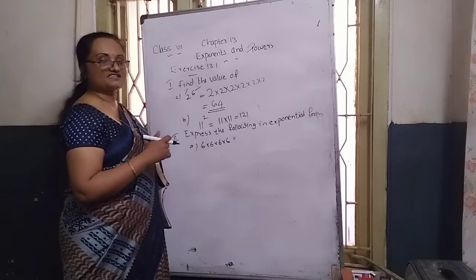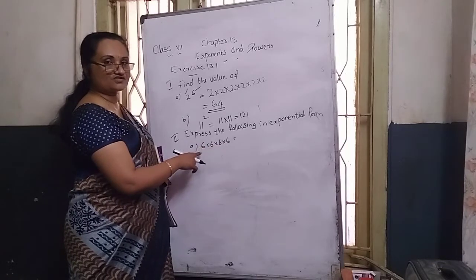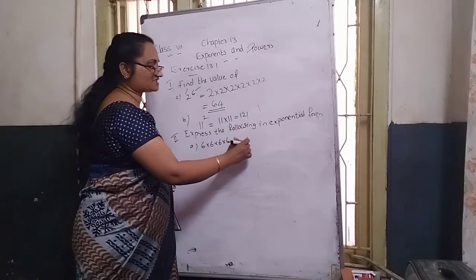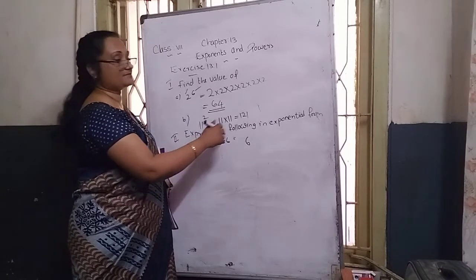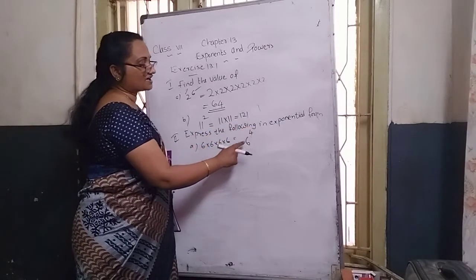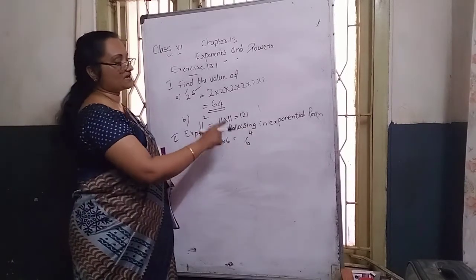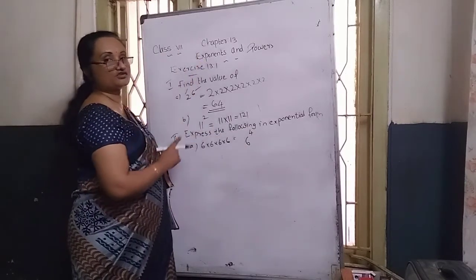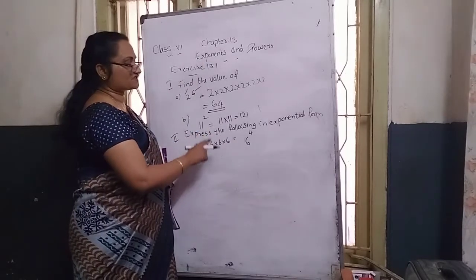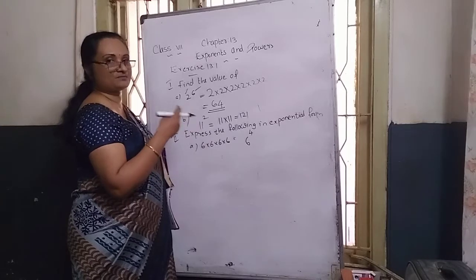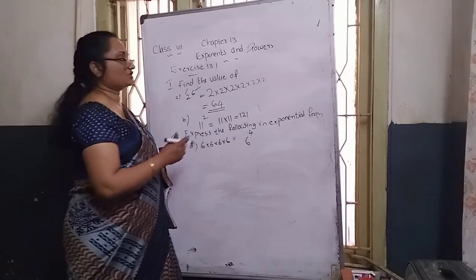We want to write it in power notation. Which is the base in this question? 6 is the base, because 6 is repeated. How many times is it repeated? 4 times. That 4 we write on the right side, top corner of the base. We are writing the power 4. The number of times it is repeated we represent as the power.